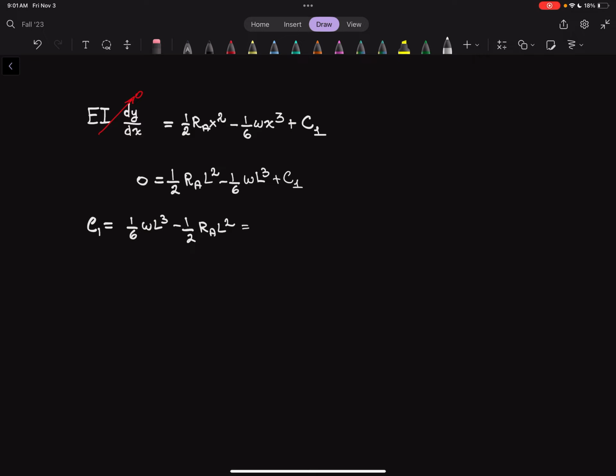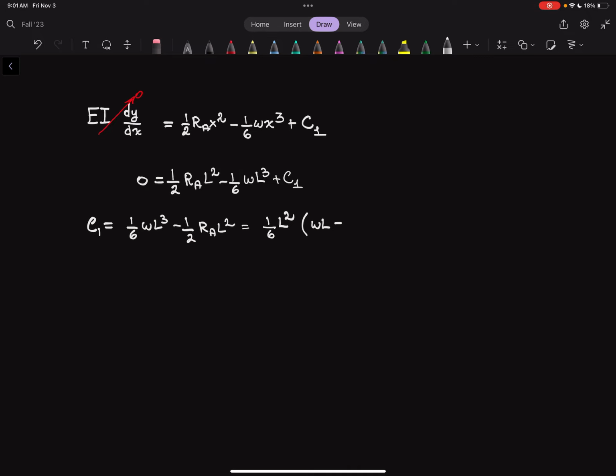Let's see if we can do some algebra. Well, we can pull out 1/6 and L squared, and we'd be left with WL minus RA times 3.